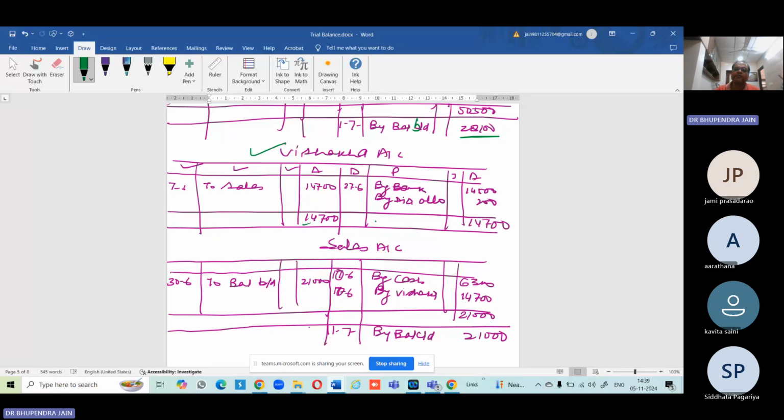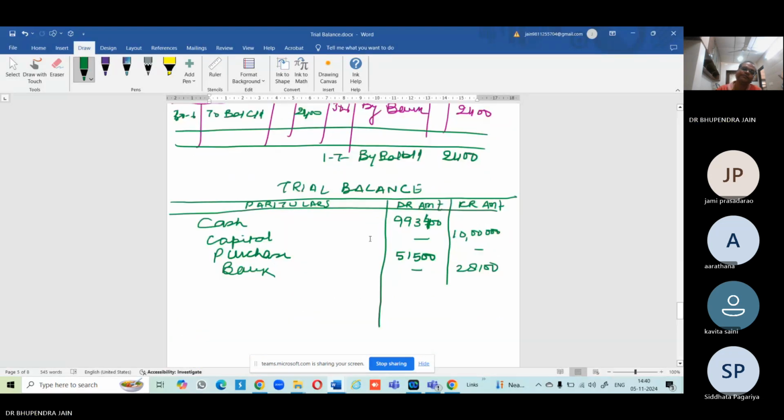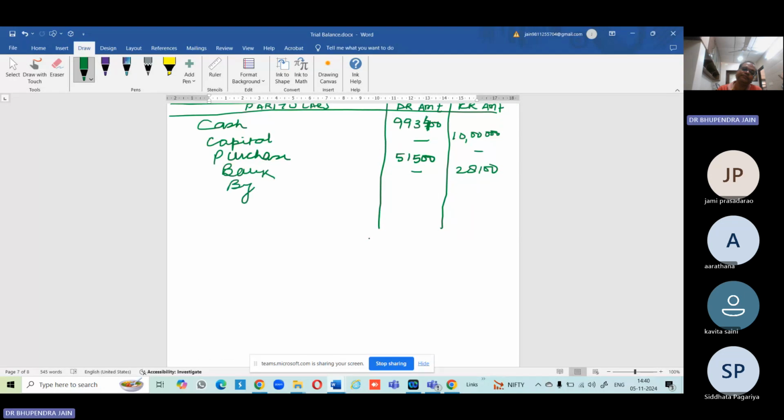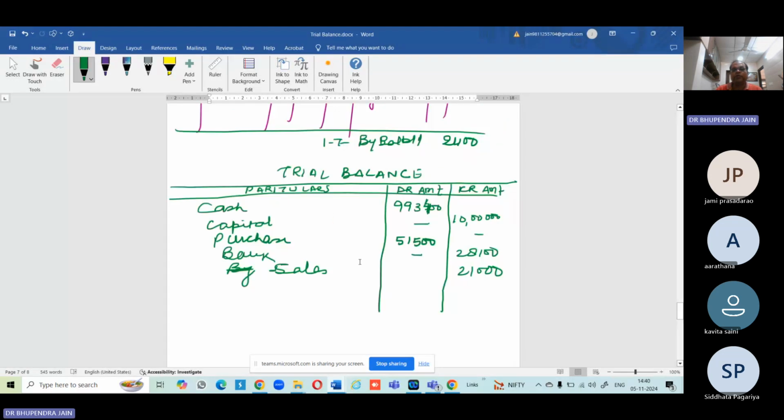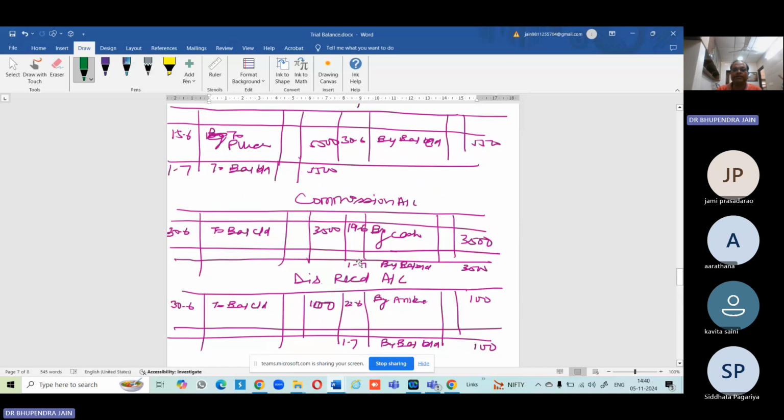The sales balance is given on the credit side, 21,000. Purchases and sales are relevant for the profit and loss account, not for the trial balance.